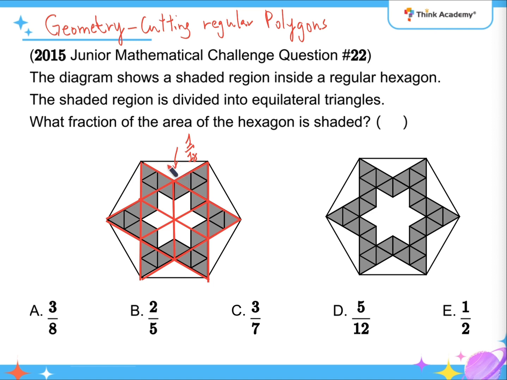Each of them has area 1/18. And that's because you can see that the base of the obtuse triangle and the equilateral triangle are the same. The height of the obtuse triangle and the equilateral triangle are also the same. So they're going to have the same area.